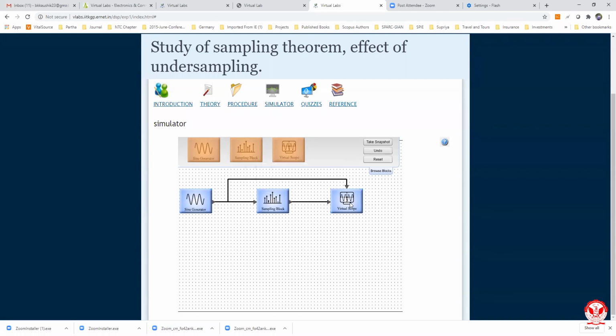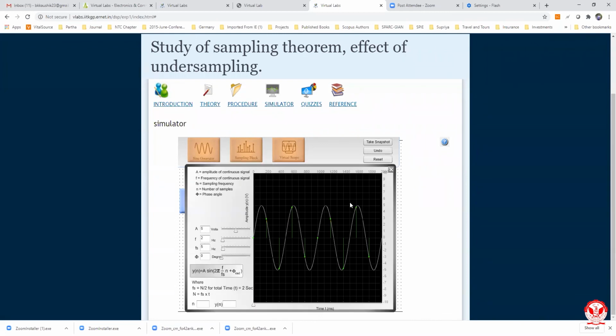Next we click on the virtual scope here. A window opens and we find this one is the continuous signal, the sine signal. This is the sine signal and the green one is the samples.